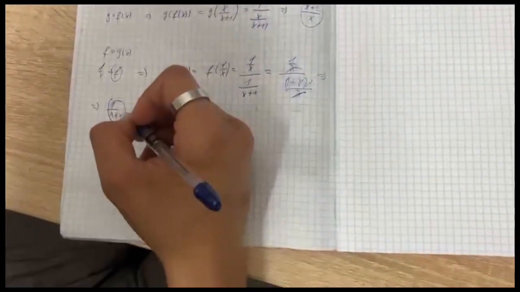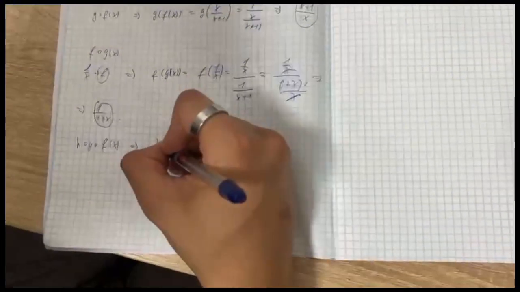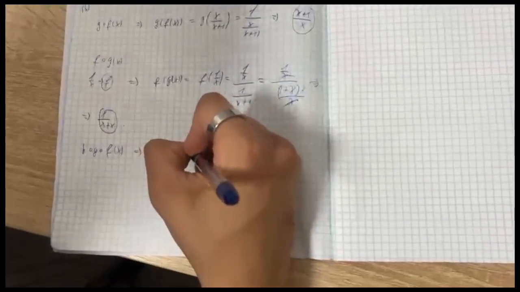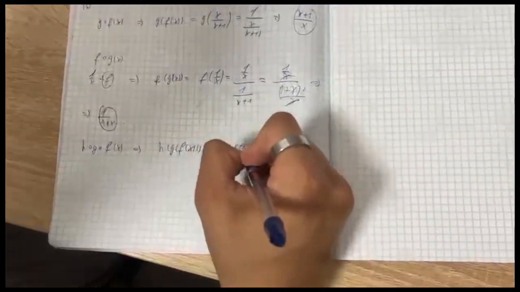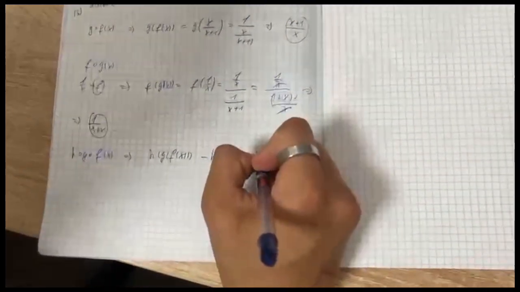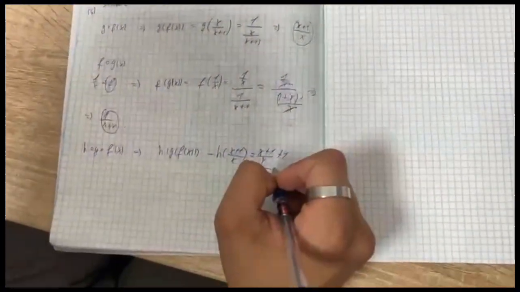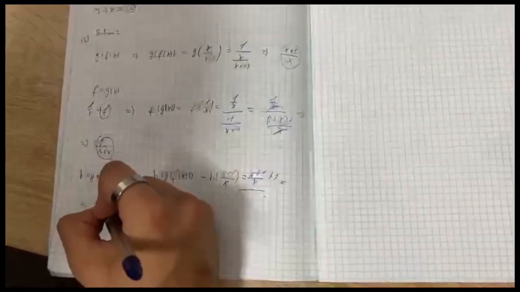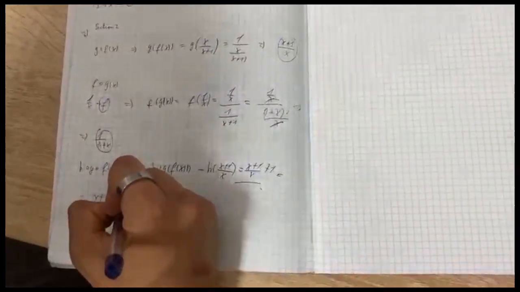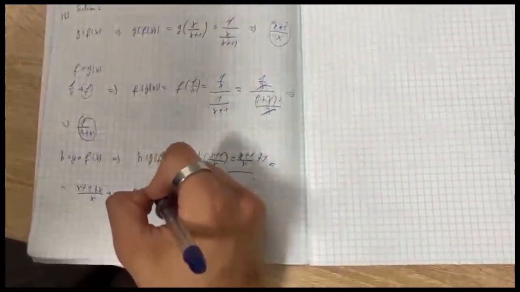So it's going to look like h of g of f of x, plus 1. So that's going to be x plus 1 over x, plus 1. The result will be 2x plus 1 divided by x.